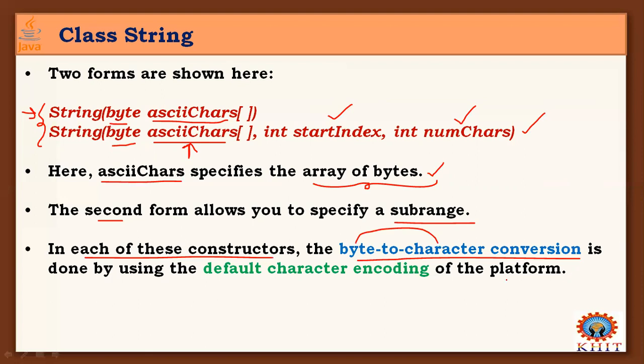This can be done by the default character encoding of the platform where you are running these Java applications. That platform provides a default character encoding that processes this conversion of the byte array into string characters in Java. Okay, clear?